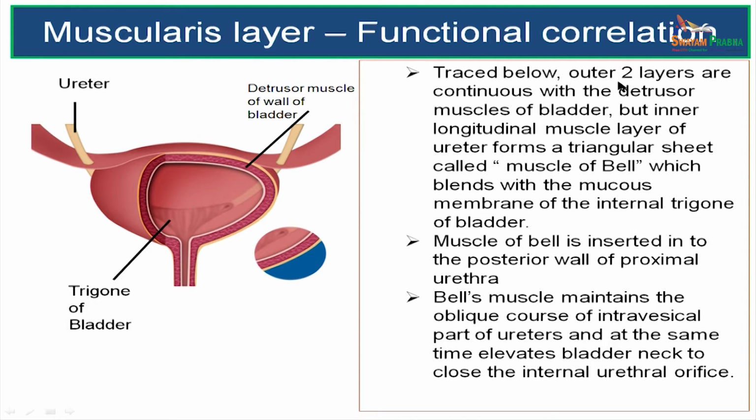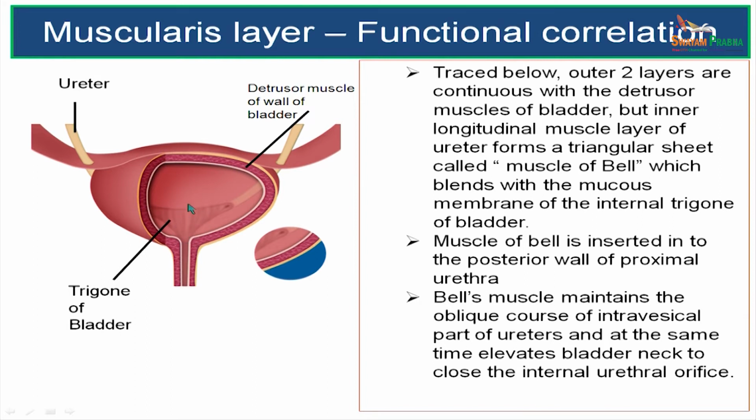So, the outer two layers are going to be continuous with the detrusor muscle of the bladder, but the inner layer, which is the longitudinal layer of the ureter, forms a triangular sheet of muscle which is called as muscle of Bell, which is going to blend with the mucous membrane of the internal trigone of bladder.